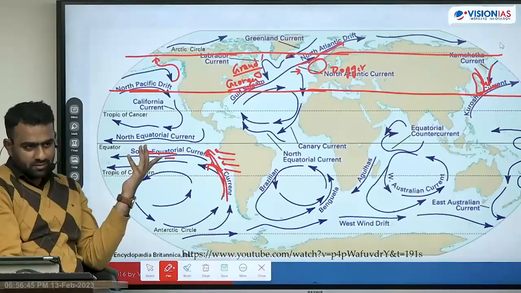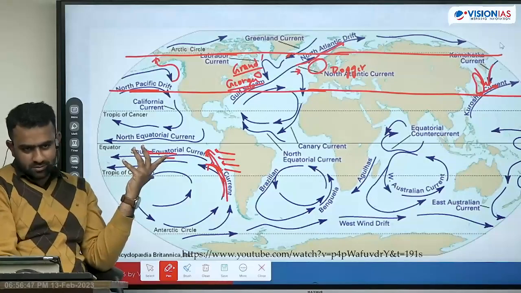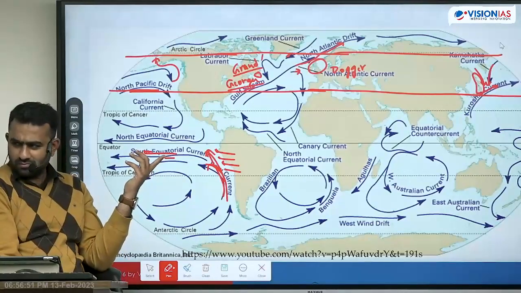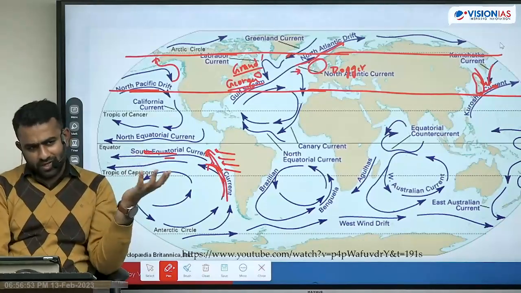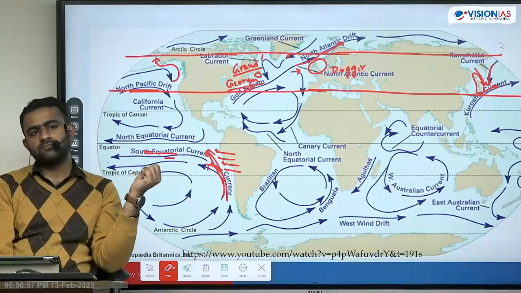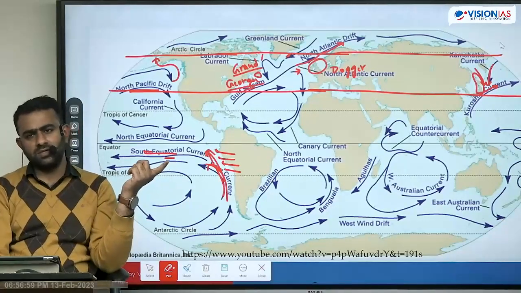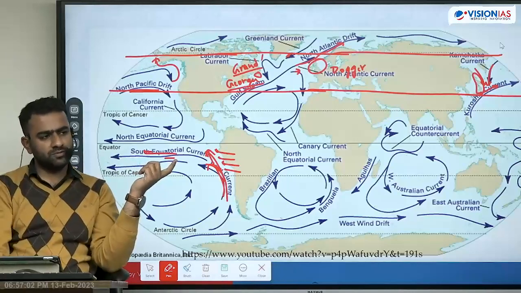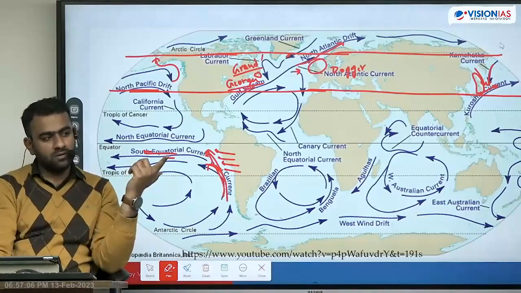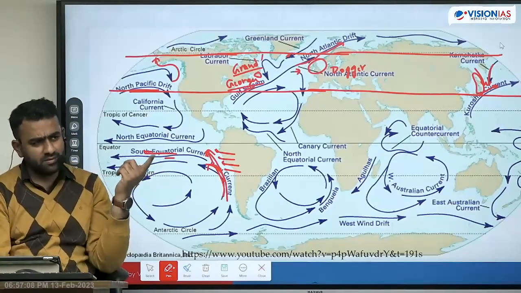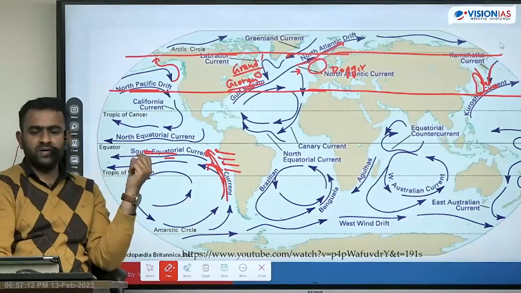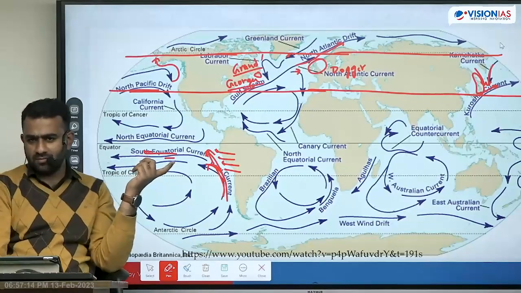Why? Oxygen? Why is the upwelling water rich in nutrients? Bottom of the sea. What is at the bottom of the sea? What will be there? Sediments. But sediments will not give nutrients, food will not come from that.